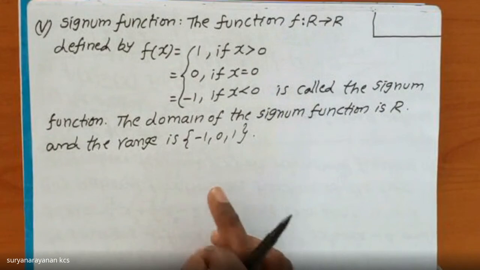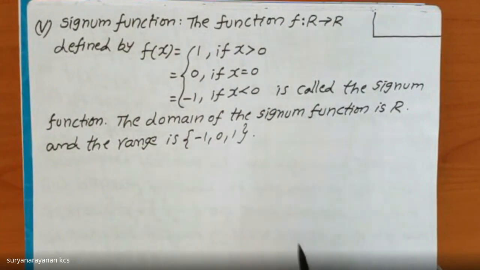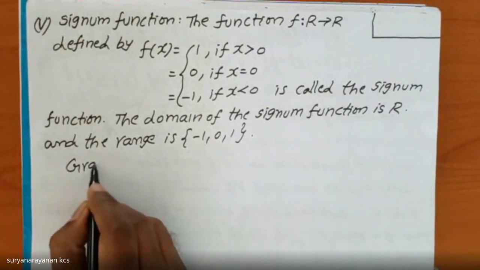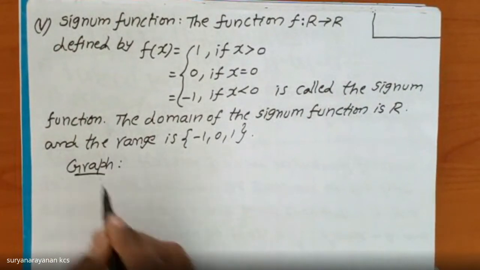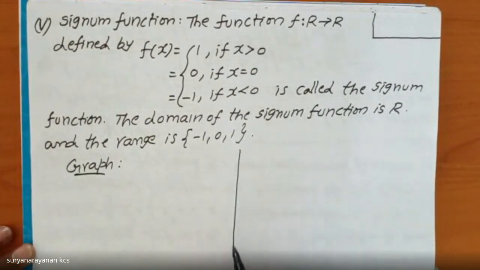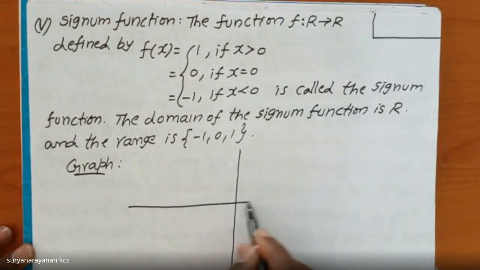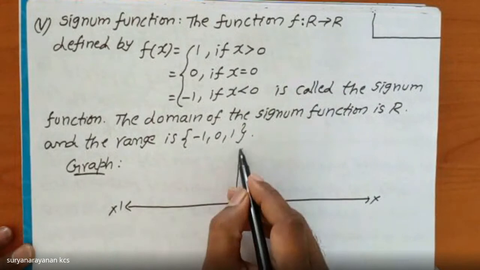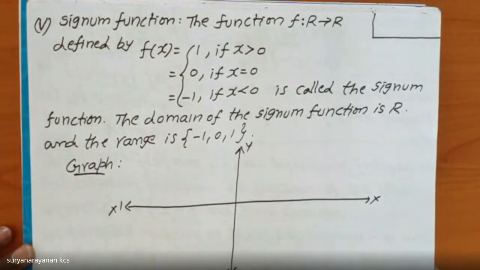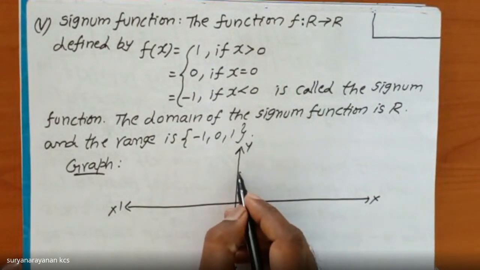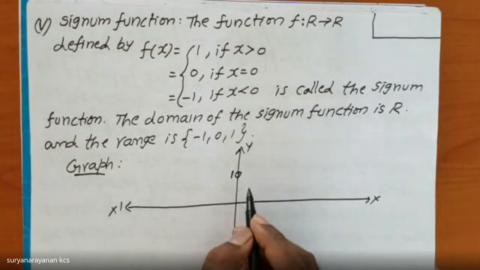If you want to draw the graph of the signum function, this is the graph of the signum function. Here, suppose this is 1.